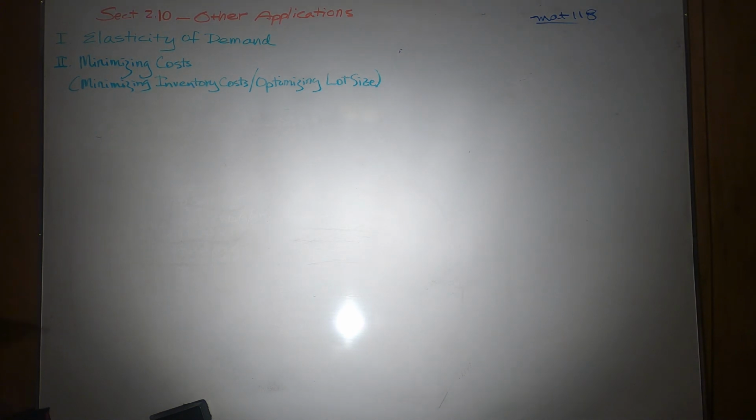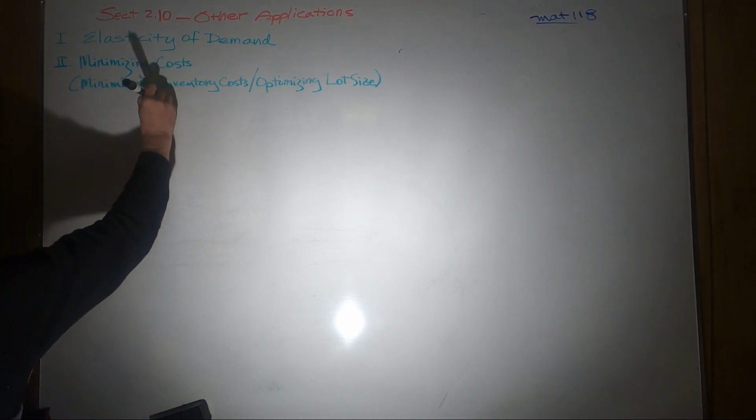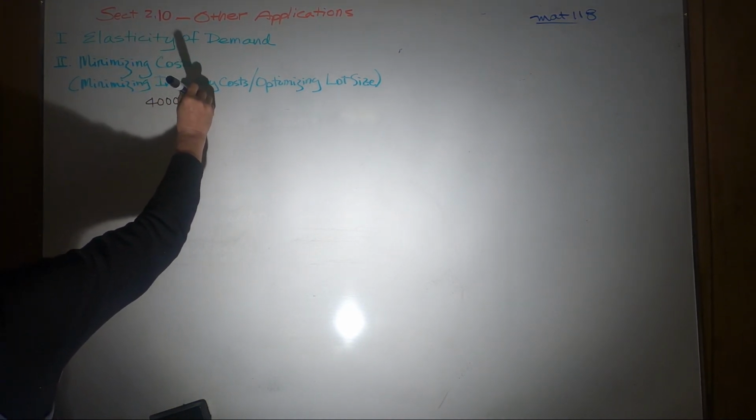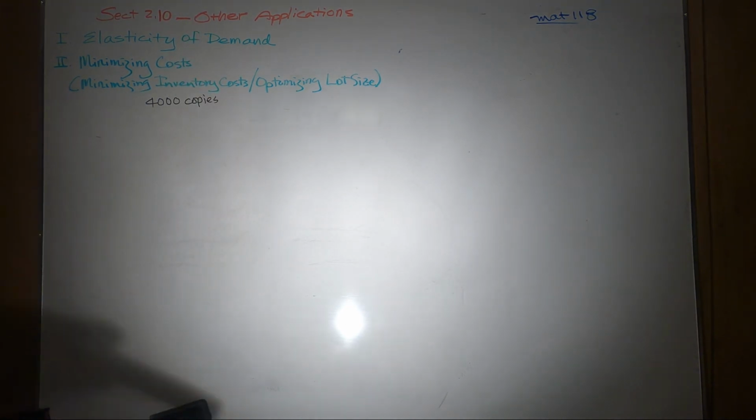So we know how many copies we want: 4,000 copies total, just like the previous example where you need 250 sofas.